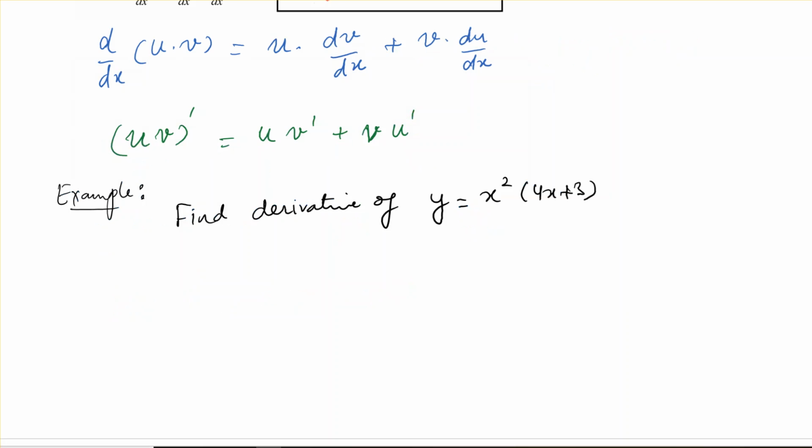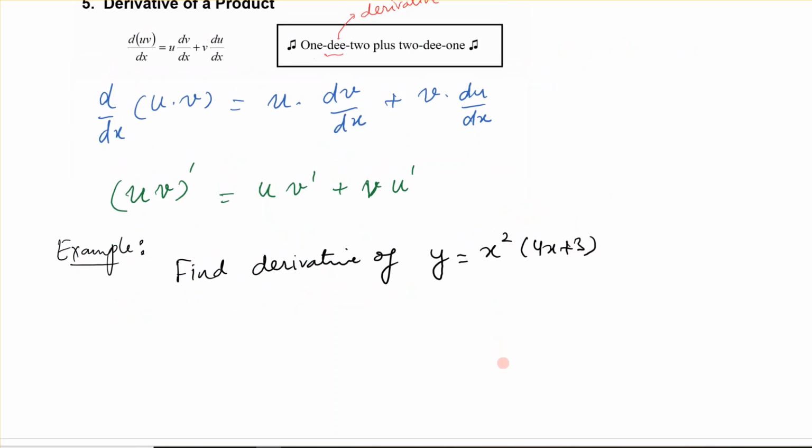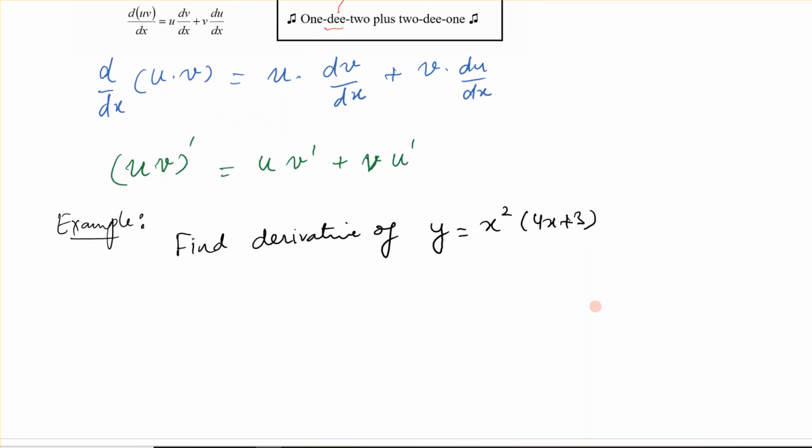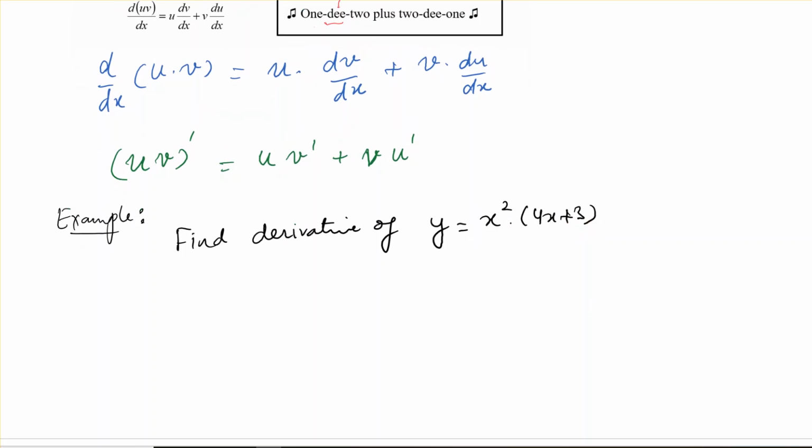Let's do one example using this. Let's say we have the function y equals x squared times (4x plus 3). We have the product of two functions here, so think of this as u and this as v.